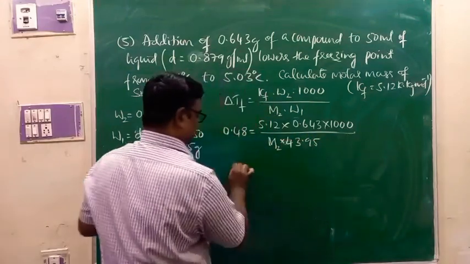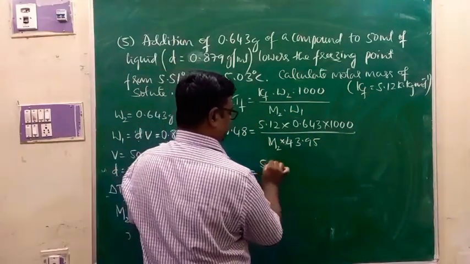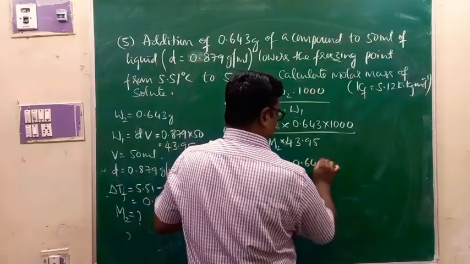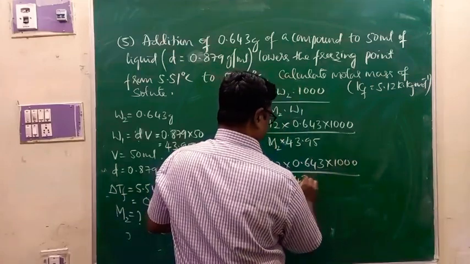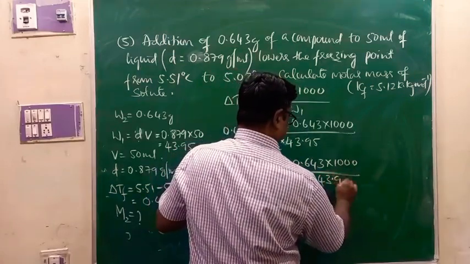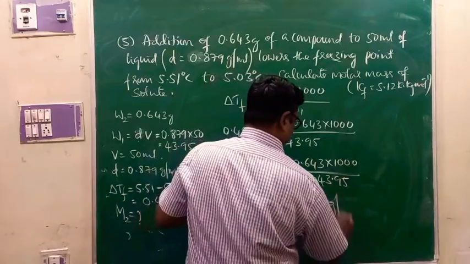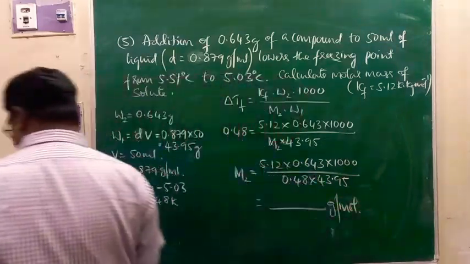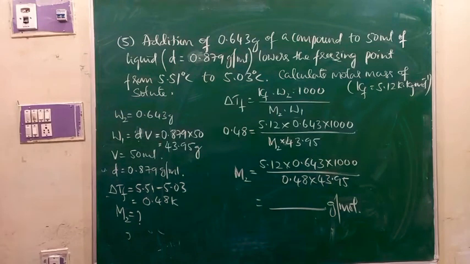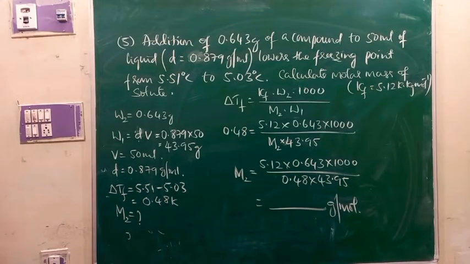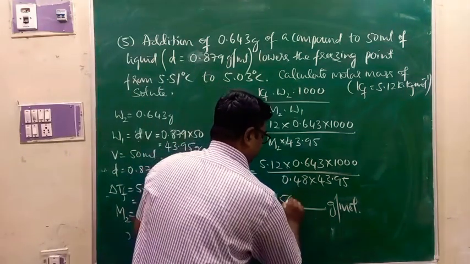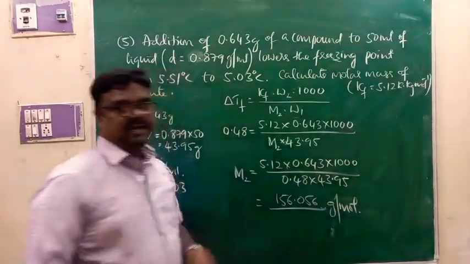Yes, therefore M2 equals, right, 5.12 and so on. And of course in terms of gram per mole, right? It comes out to be 156.056. 156.056 gram per mole. Okay, now.